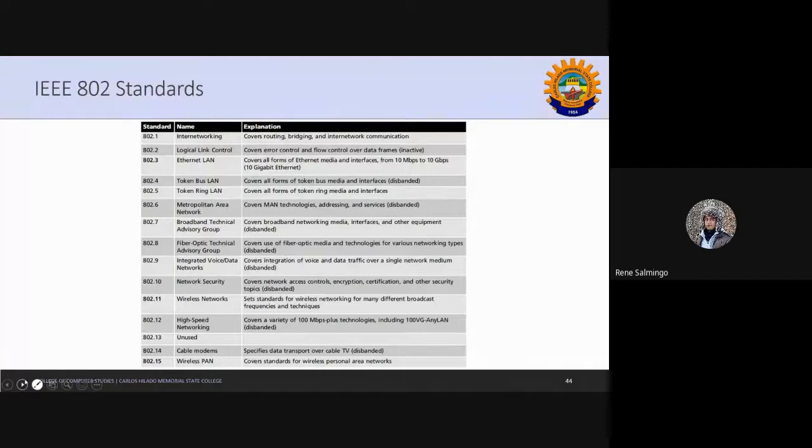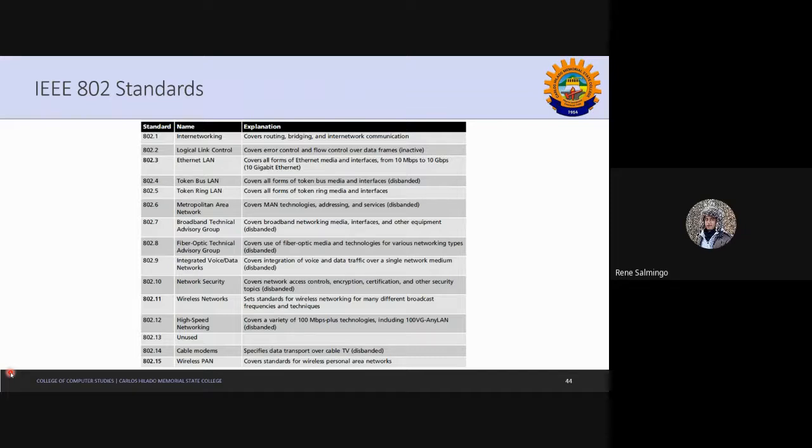Now we have the following. These are the IEEE 802 standards. First, we have 802.1, the standard for internetworking. It covers routing, bridging, and internetwork communication, and it is the first standard that was brought about on the technology.